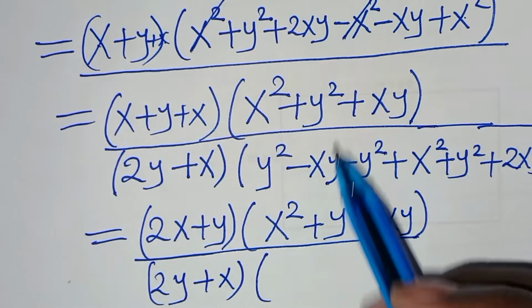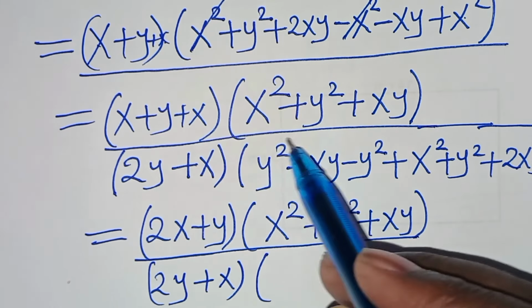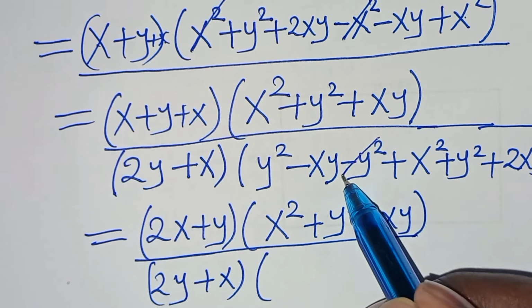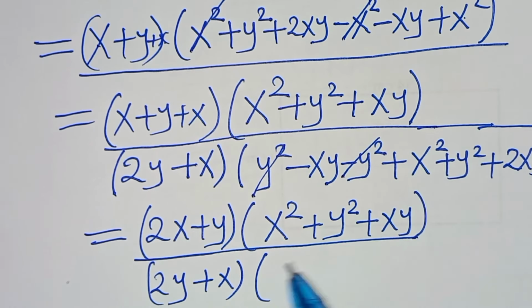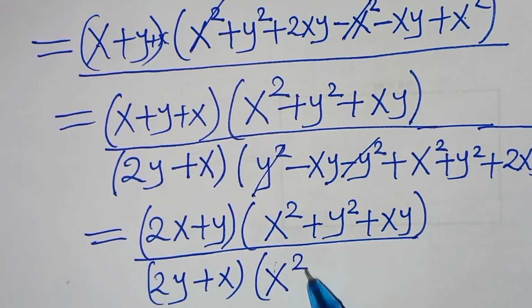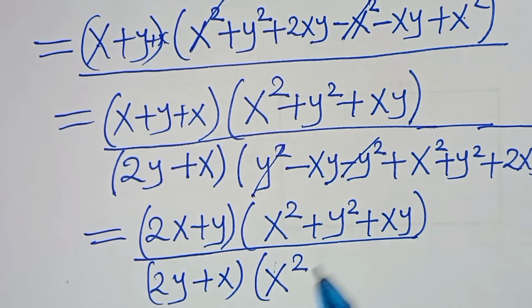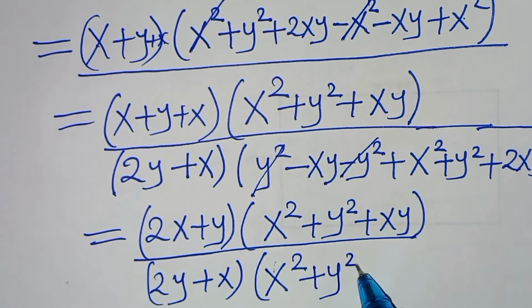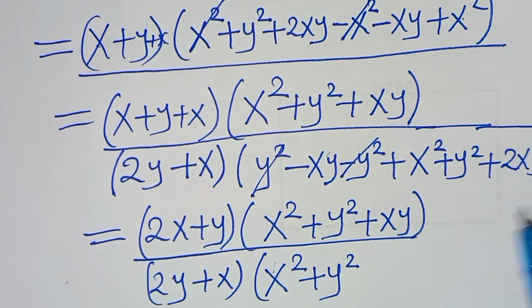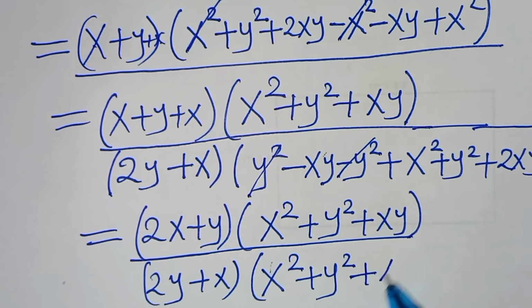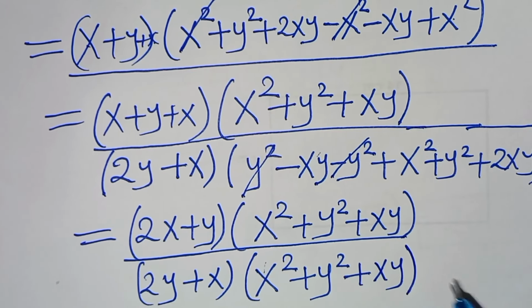And then here we have y squared minus y squared, so this simplifies. Then we have x squared, so I can write this as x squared. Then we have plus y squared minus xy plus 2xy, so this implies we have plus xy. Close the bracket.